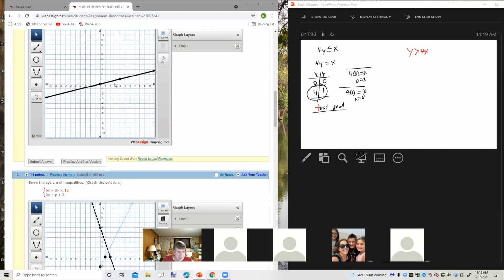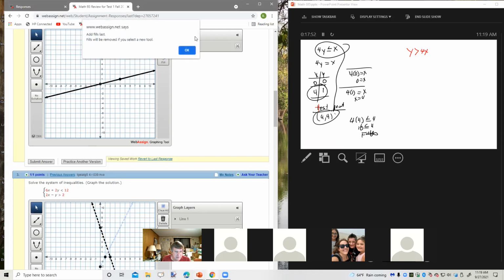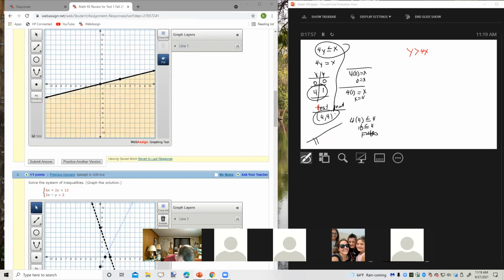How about 4, 4? 4 times 4 less than or equal to 4, 16 less than or equal to 4. That is false. So 4, 4 is not a correct test point. So it would be down here. Okay. So the first one, the 4y less than or equal to x would look like that.